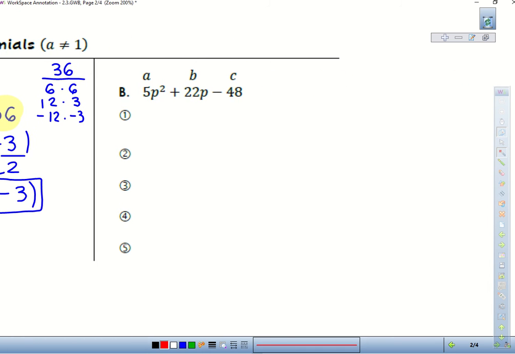So the first thing you want to check for is, is there a GCF? No. So we're ready to proceed with the AC method where we multiply the A and the C together. That's going to give me P squared plus 22P minus 240.